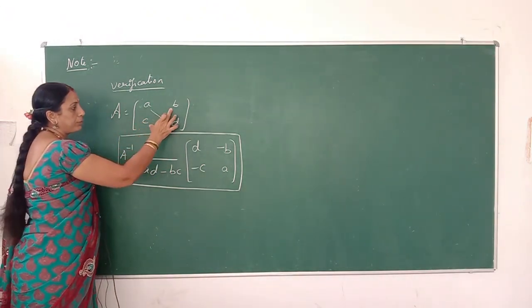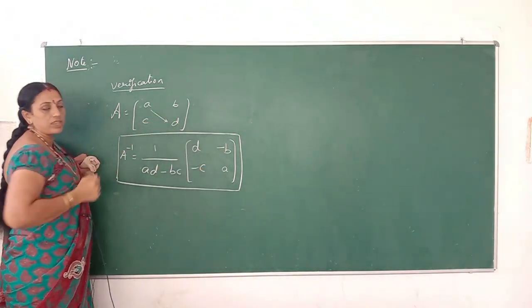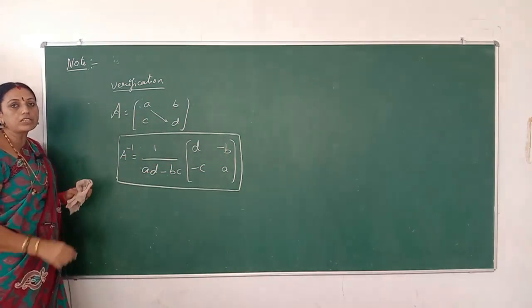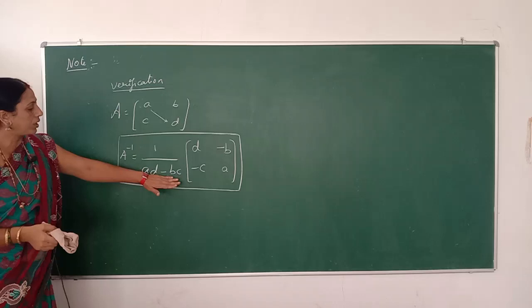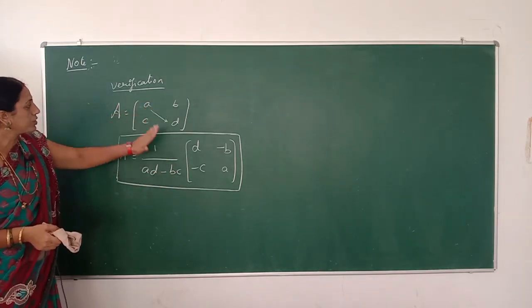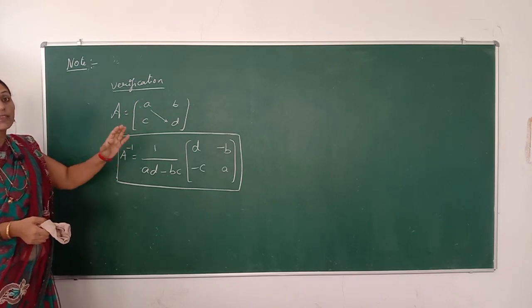So if elements are positive, after that operation they become negative. If they are negative, after that operation they become positive. So this is the inverse of a 2 cross 2 matrix, only for verification of your answers.